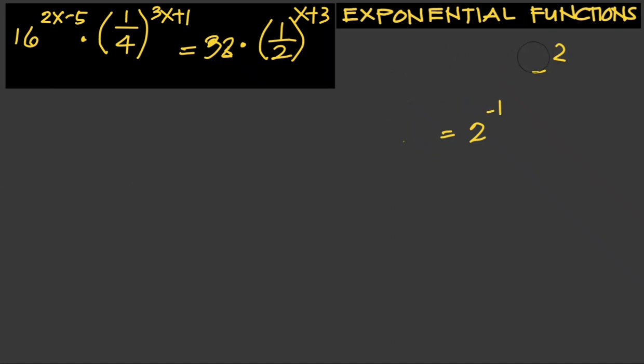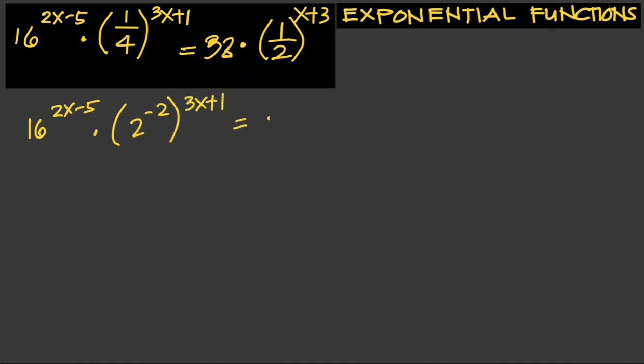Okay, so we copy 16 to the 2x minus 5 times 2 to the negative 2 to the 3x plus 1 equals 32 times 2 to the negative 1 to the power of x plus 3.